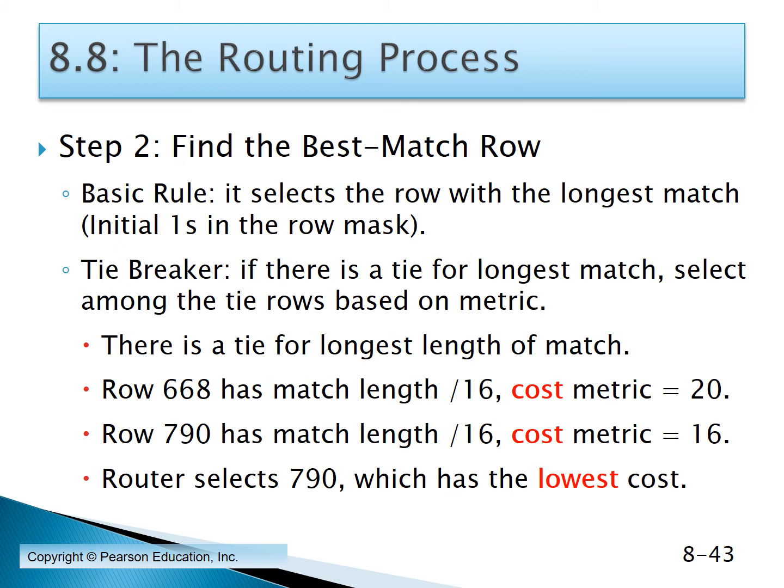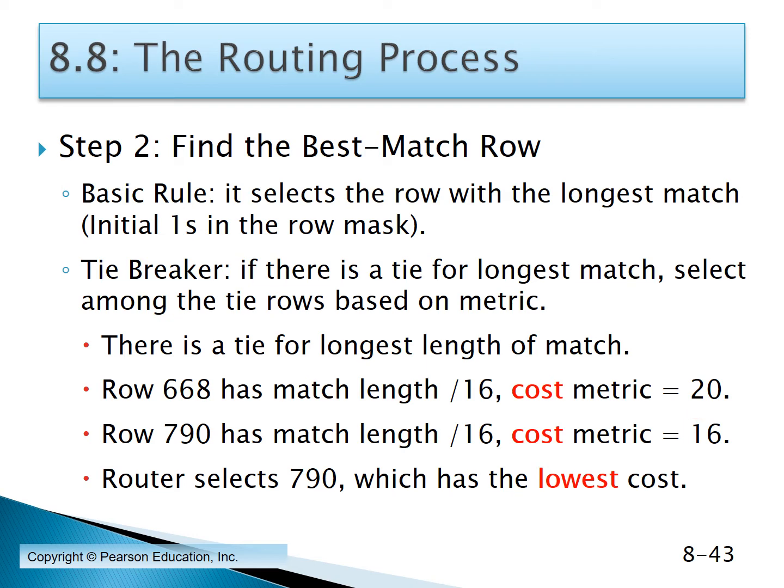Okay, so how about if there is a tie? If there is a tie for longest match, then we'll select the rows based on the metric. Say for example, there is a tie for longest match in this example. Row 668 has a match length of 16 and the cost metric is 20.